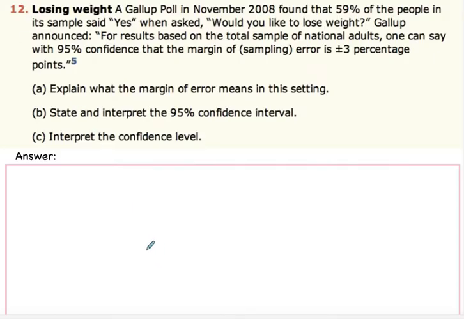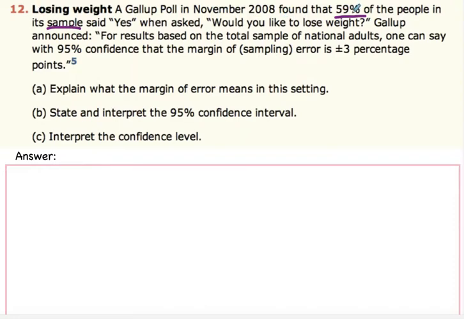Okay, so we're going to just do an example and then you'll be done and you can work on the homework. So part A, explain what the margin of error means in this setting. So what was the margin of error? This is a Gallup poll, 59% of people in the sample. First of all, let's figure out what that 59% is if it came from a sample.